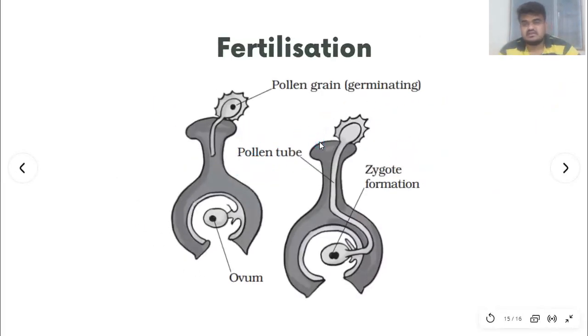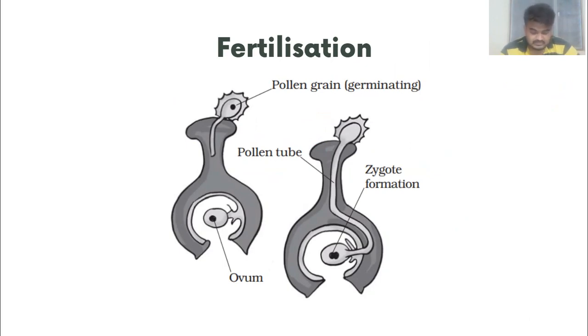So the next part is fertilization. After completing pollination, when the male gametes and the female gametes from the stigma get fused, it produces a zygote. The cell which results after fusion of the gametes is called a zygote.